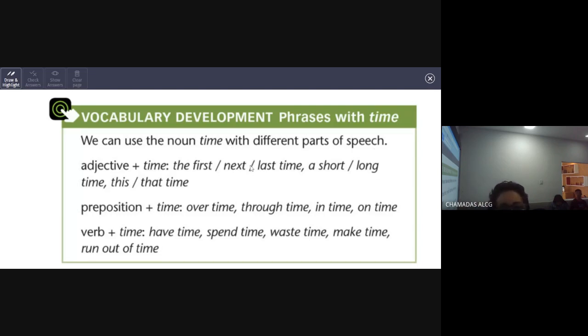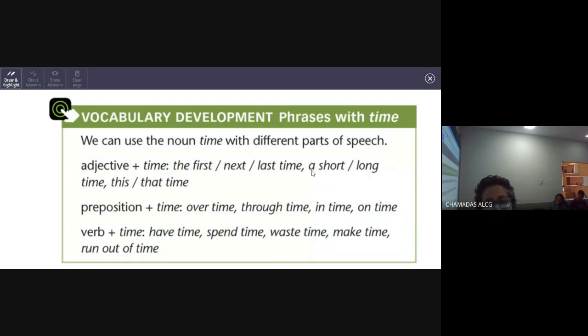So this is what we're talking about here, but specifically with the word time. We can use the noun time with different parts of speech. Example, we can have an adjective plus the word time.